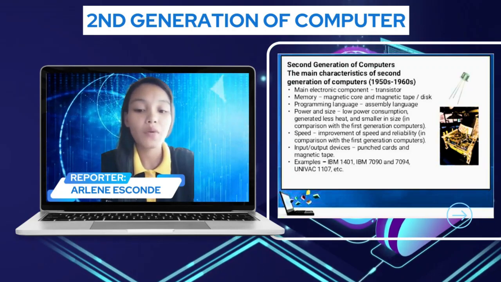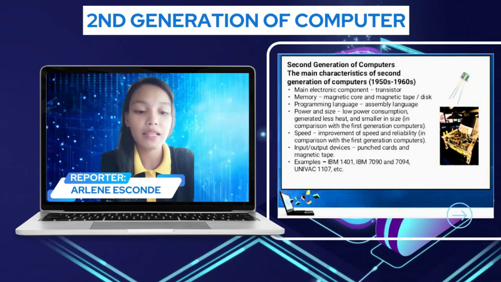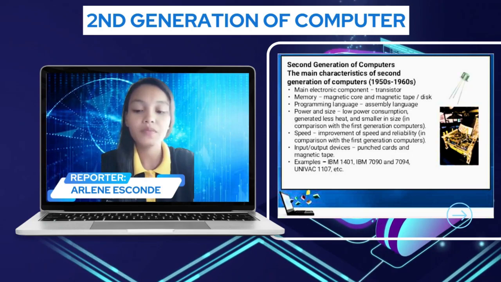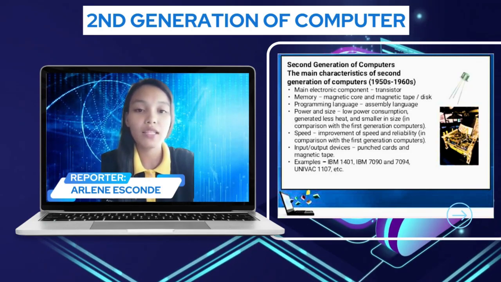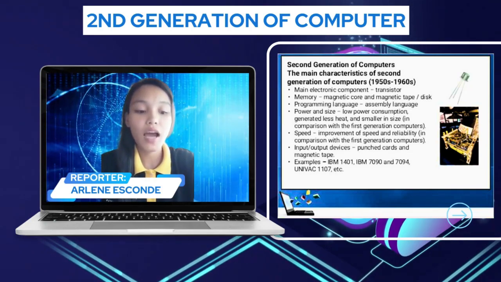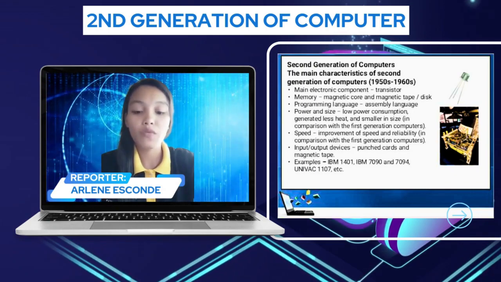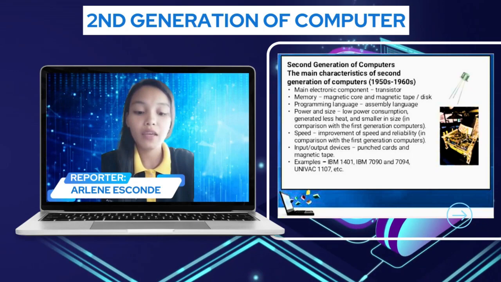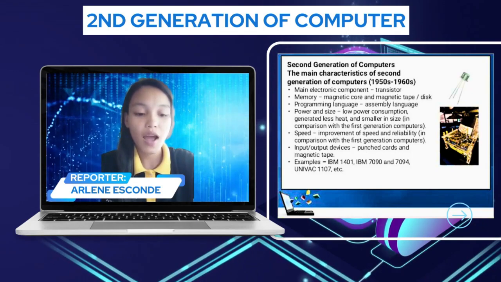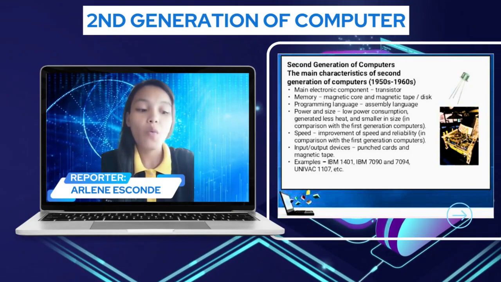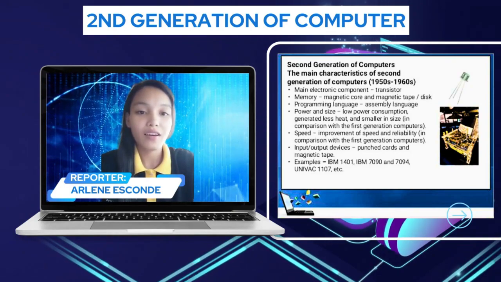Speed, improvement of speed and reliability in comparison with the first generation computers. Input and output devices, punch cards and magnetic tape. Examples: IBM 1401, IBM 7090 and 7094, UNIVAC 1107, etc.